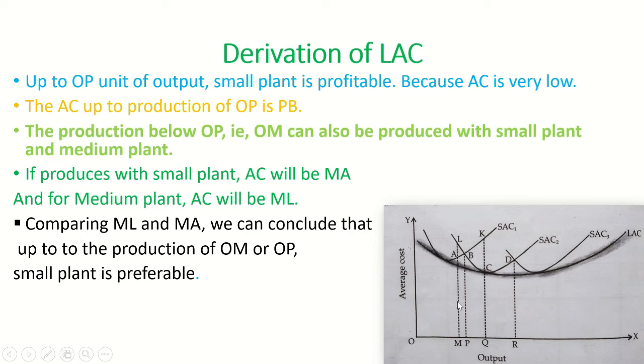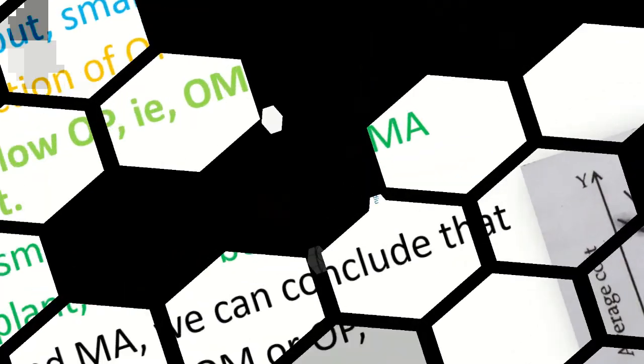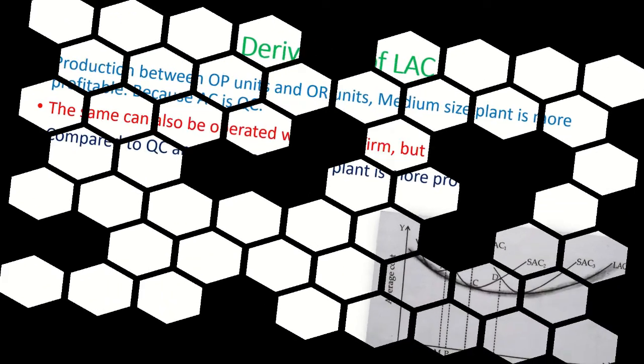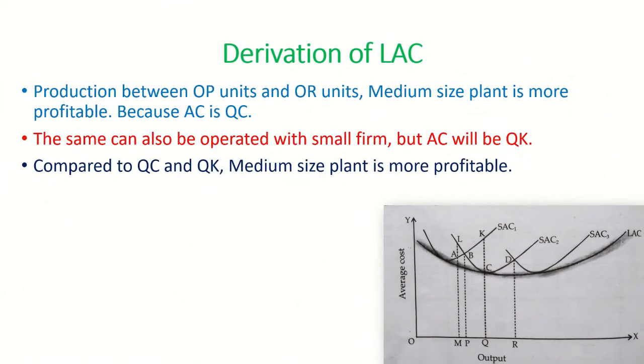So up to the production of OM and OP we are using the small plant. Okay. Again, for production between the OP units and the OR units, the medium plant is more profitable.